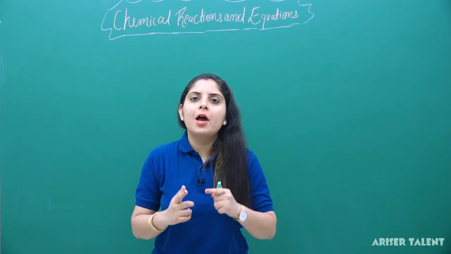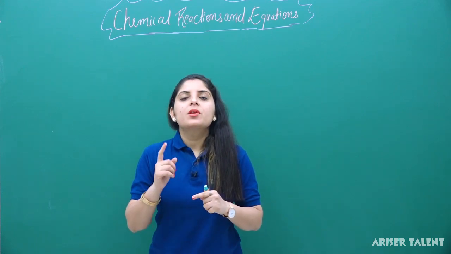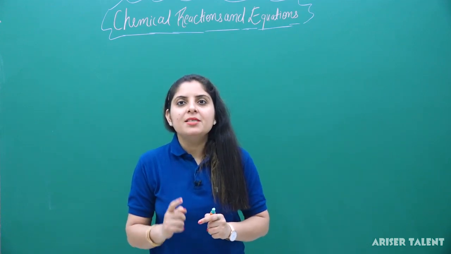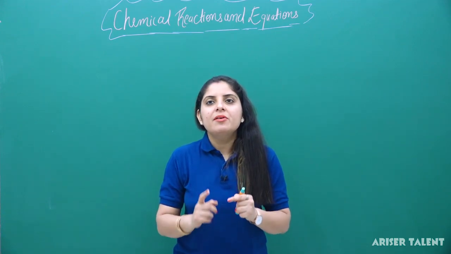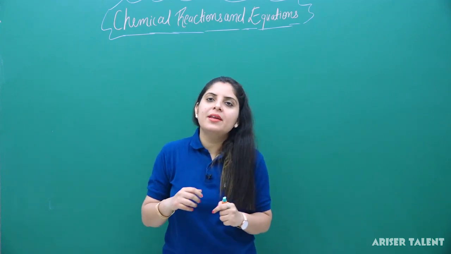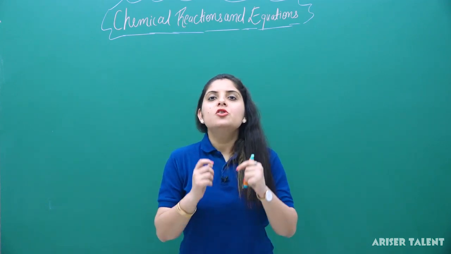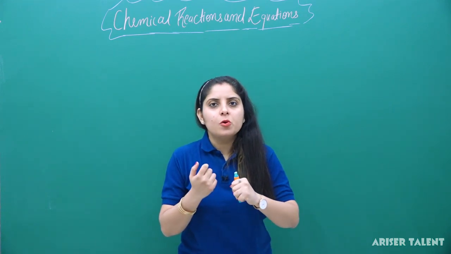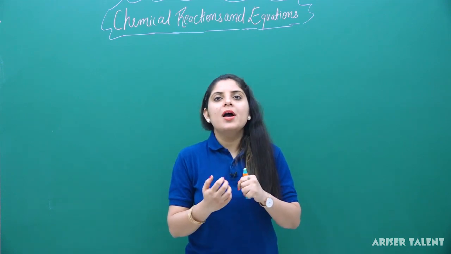In this series we have slow and fast reaction, reversible and irreversible reaction, addition reaction, displacement reaction, double displacement reaction, exothermic and endothermic reactions, and the last category is redox reactions. In our previous class we discussed slow and fast reactions.